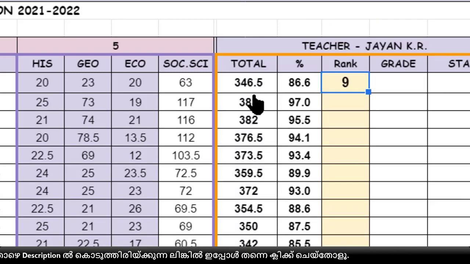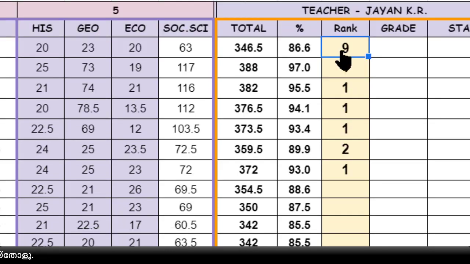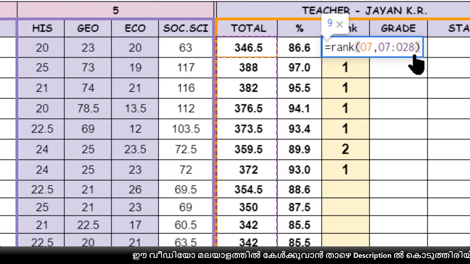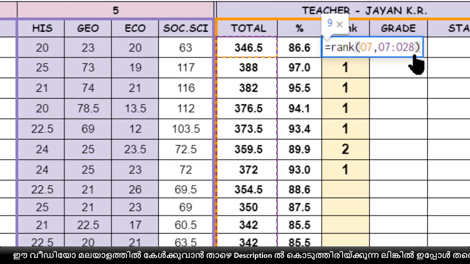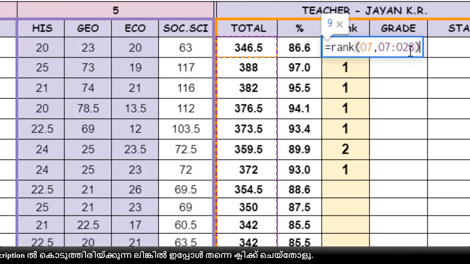Okay, so out of these 22 children, this child is in 9th position. In the equation, the second part, O7 to O28, should not change. In all cells it must be the same. That reference should not change. Always the same range from here to last. We have to lock it.